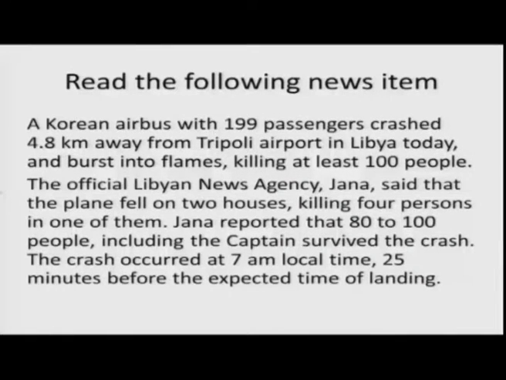So, let us go. A Korean Airbus with 199 passengers crashed 4.8 kilometers away from Tripoli airport in Libya today and burst into flames, killing at least 100 people. The official Libyan news agency Jana said that the plane fell on 2 houses, killing 4 persons in one of them.